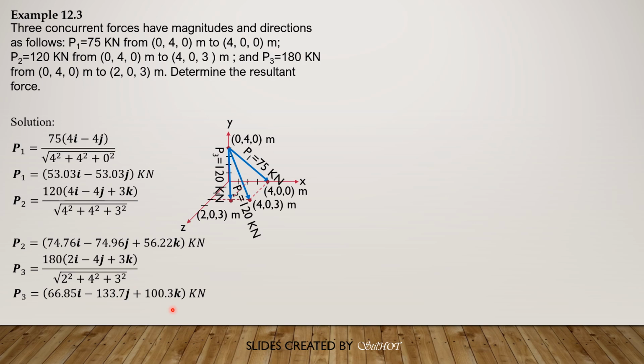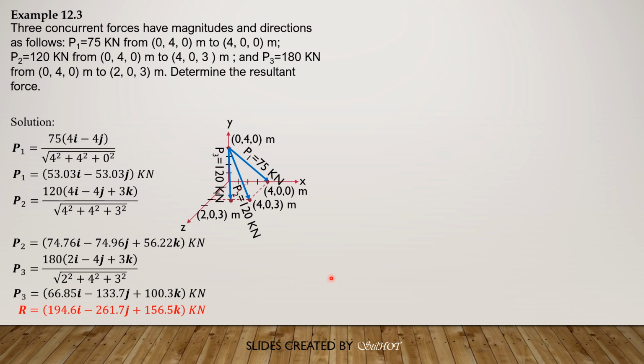So the resultant can now be computed in vector form: 53.03 plus 74.76 plus 66.85i, then negative 53.03 minus 74.76 minus 133.7j, so that would be negative 261.5j. Then for k, we have 0 plus 56.22 plus 100.3, so 156.5k kilonewtons to four significant figures.